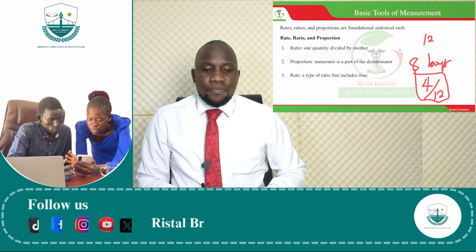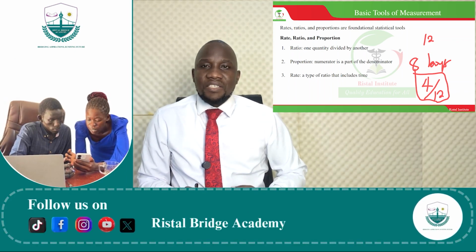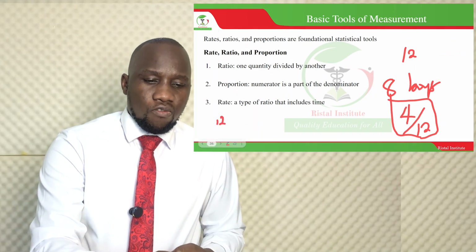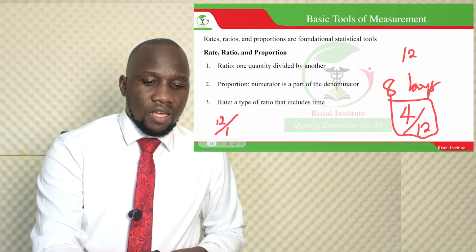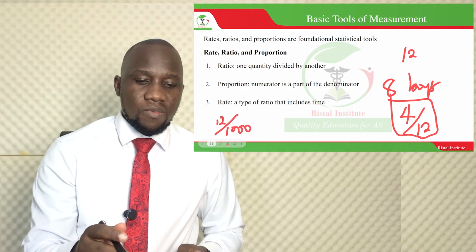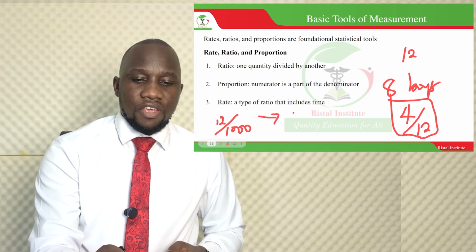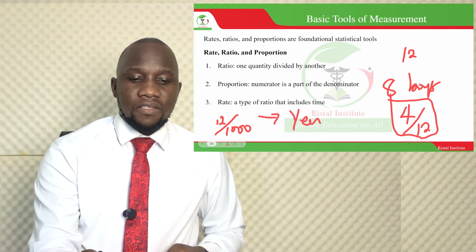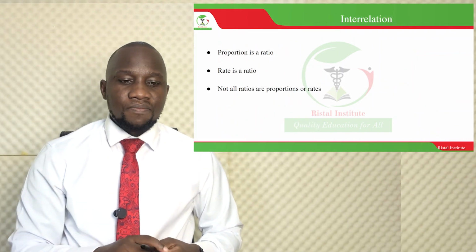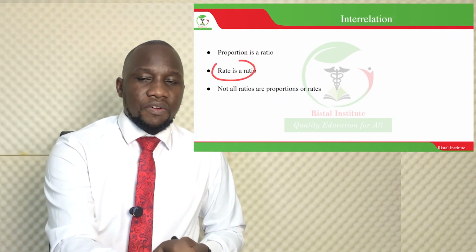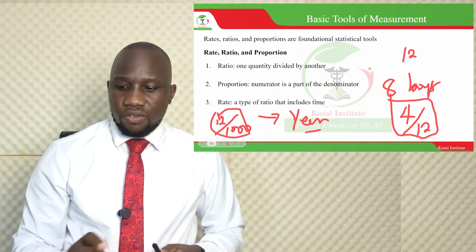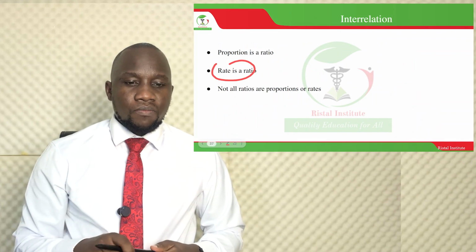So for us to have it as a rate, if you are saying 12 out of 1,000 girls in a particular community are dying every year, that is a rate. So we are saying that the rate is a ratio because of the division that we are having there.